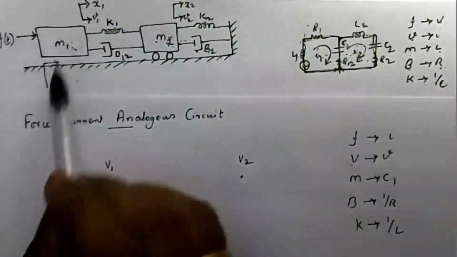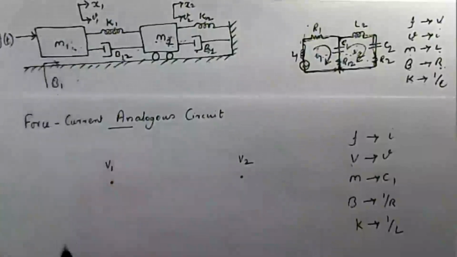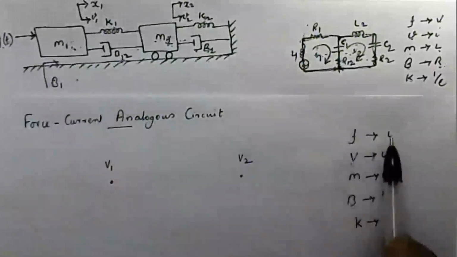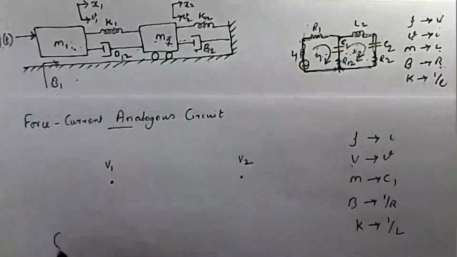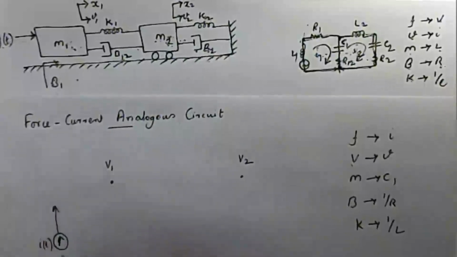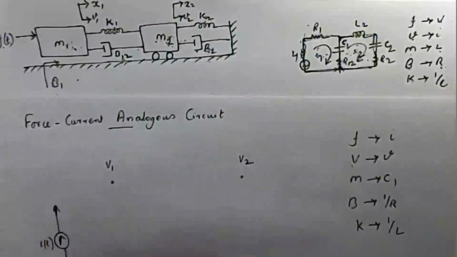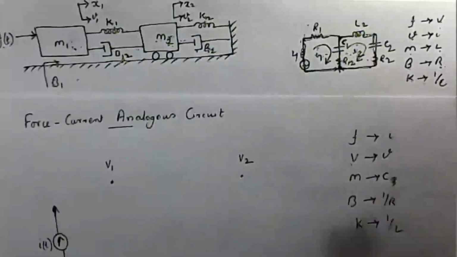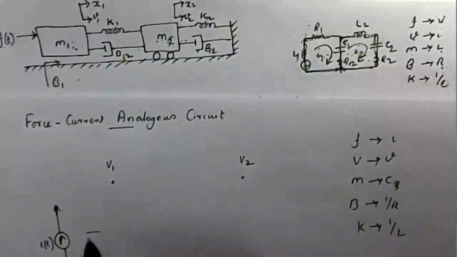Here 1, 2, 3: these three are individual, so I draw them perpendicularly. F of t becomes I of t, so I draw I of t perpendicularly. Then M becomes capacitor C1.